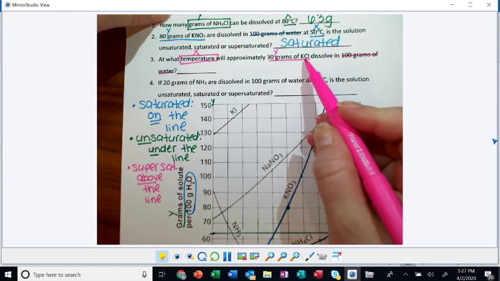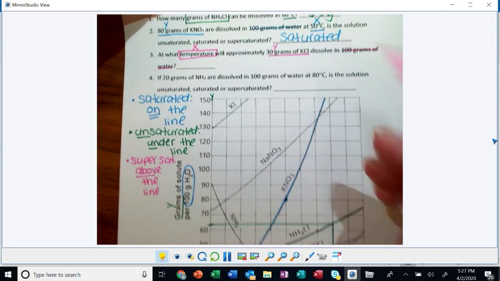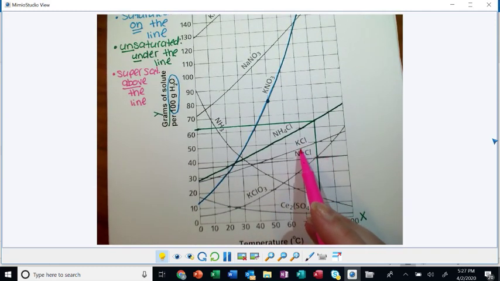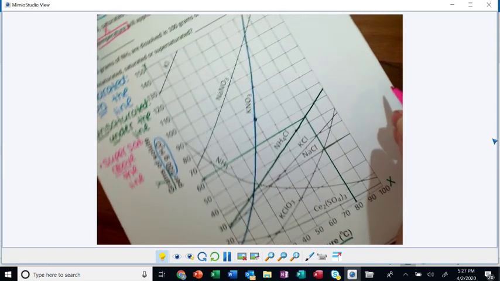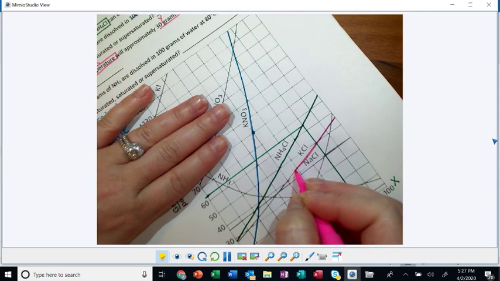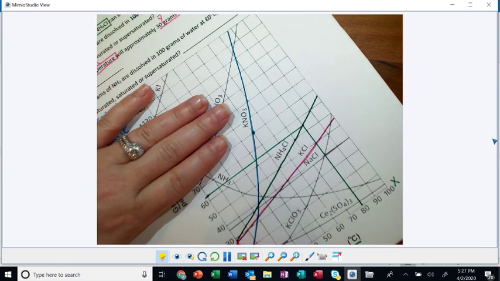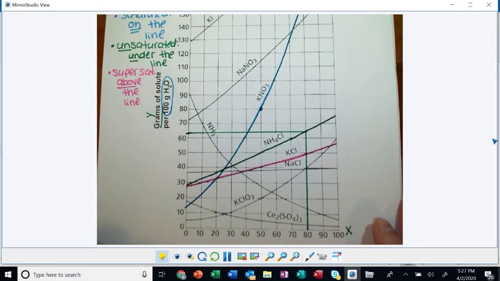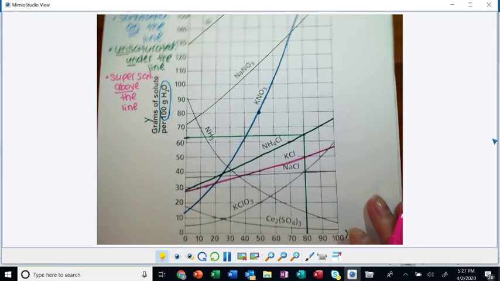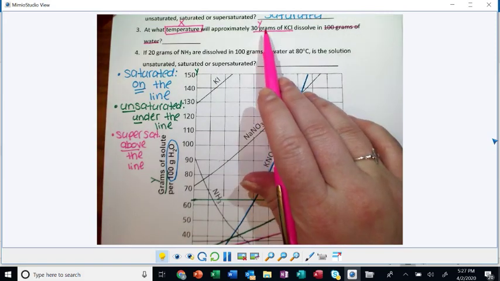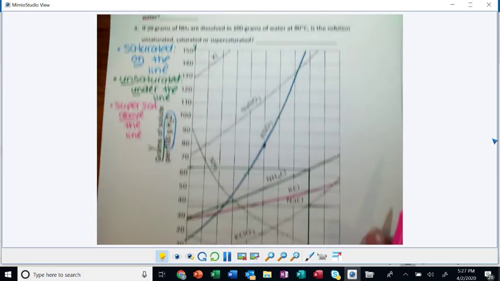First things first, let's find KCl and let's trace that line. All right, here's KCl, so the line is below it, right? So I'm going to trace it real quick. Okay. So again, let's use the information they gave us. They gave me 30 grams, so I'm going to find 30 grams, and I'm going to go all the way over until I touch the line that I have.